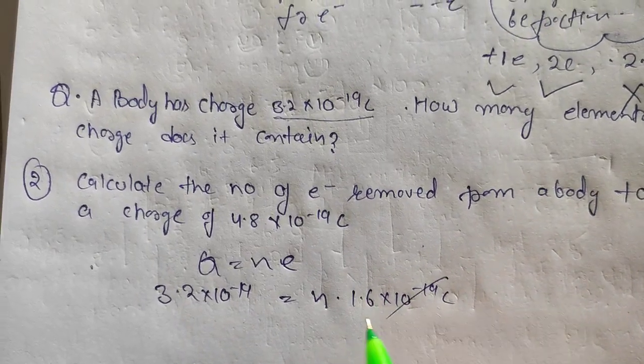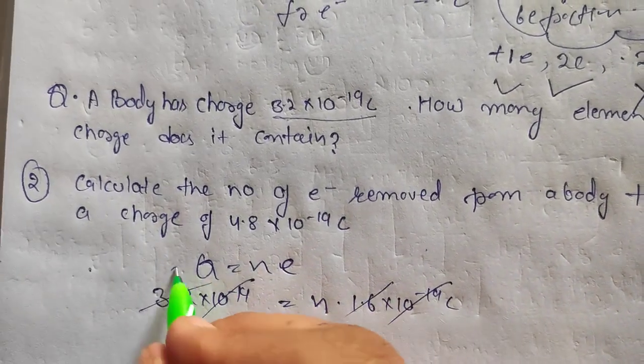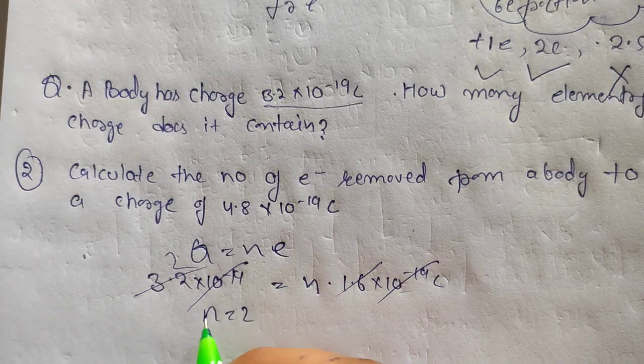Solving, the powers of 10 cancel, and 3.2 divided by 1.6 gives 2, so n is 2.